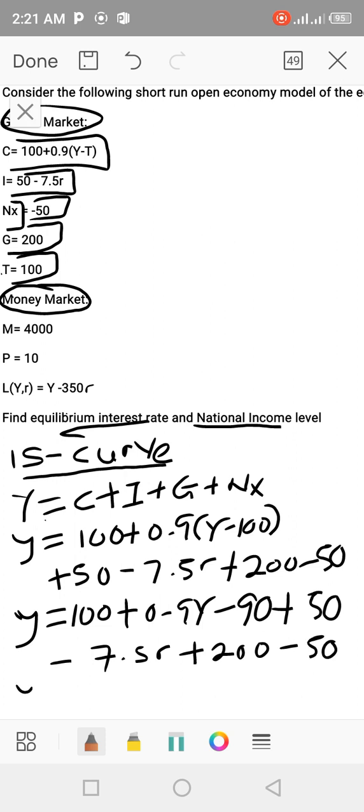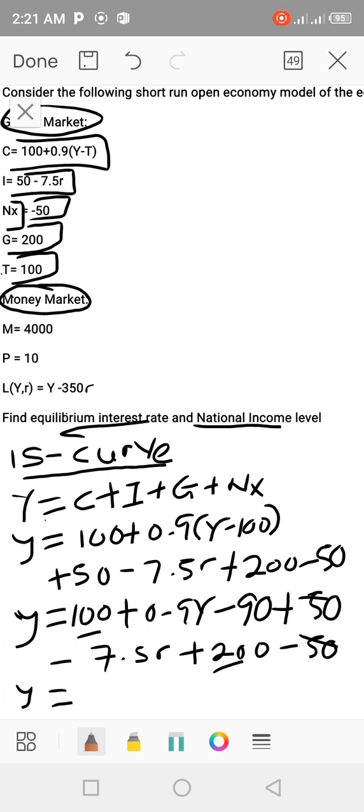So now Y is equal to 100 plus 200, that is 300. 50 minus 50, so they cancel out each other.